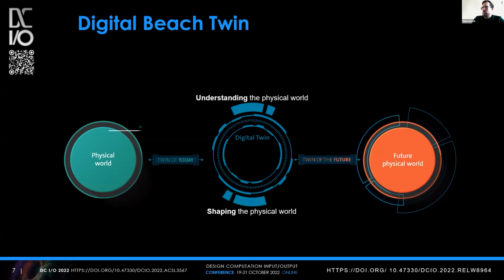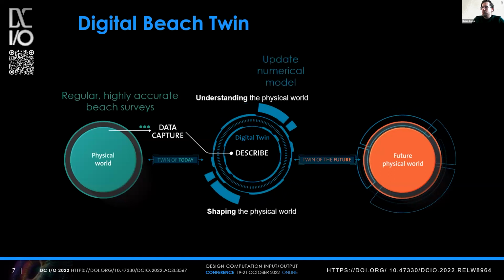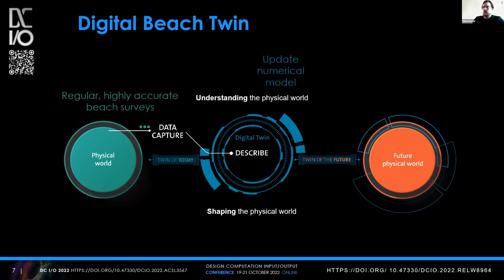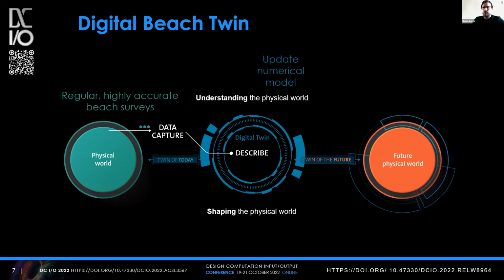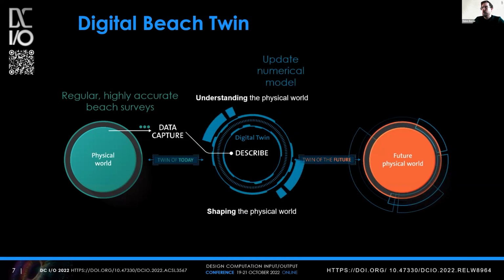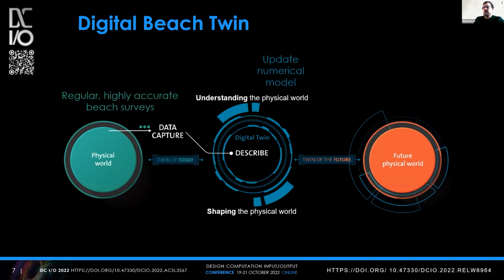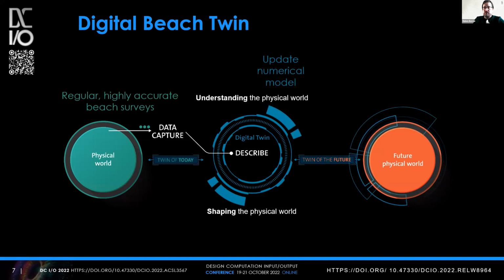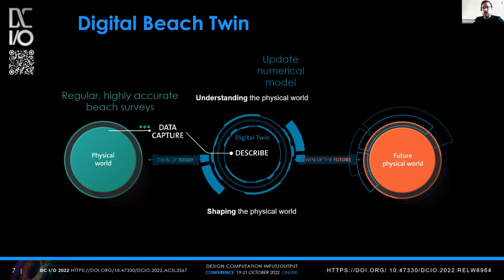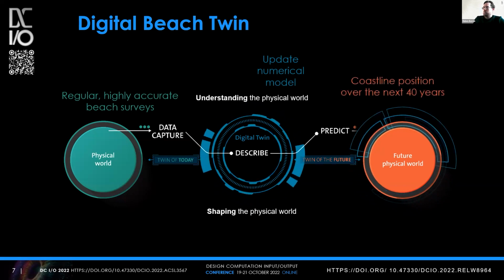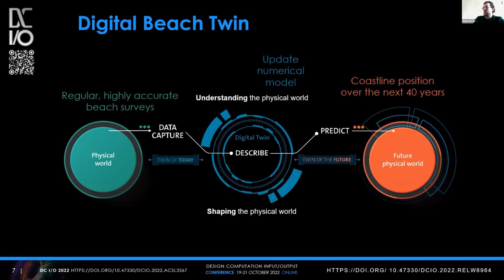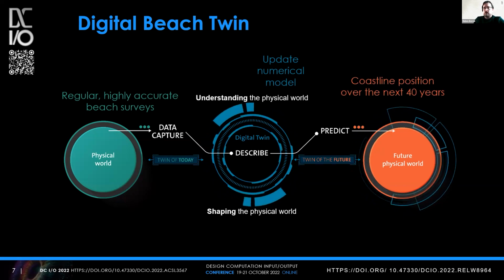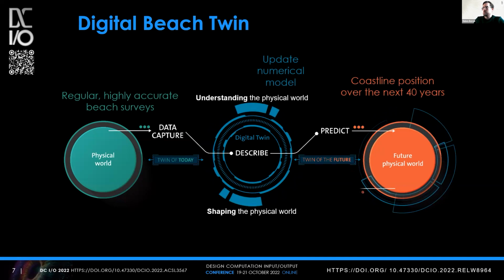So we capture data of the physical world, and that's those highly accurate regular beach surveys, about every 6 months. We use that to describe the physical world in our digital twin, and then update the numerical model. We use the numerical model to predict the future physical world and the coastline over the next 40 years.